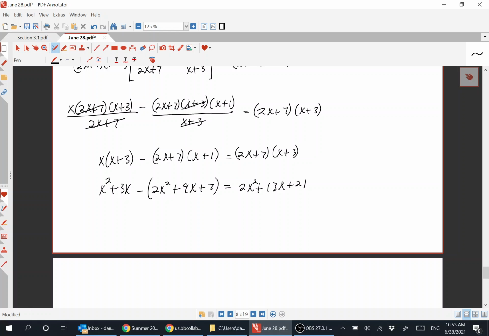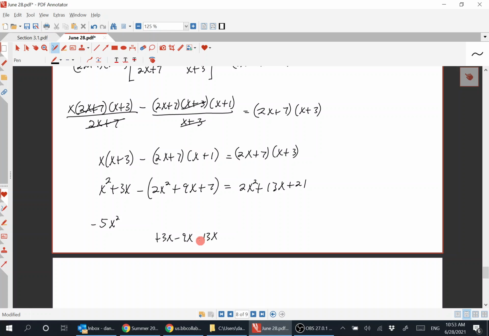So, what do we have for x squared? I've got x squared minus 2x squared, and then this is minus because I'm going to bring it over here. So this is minus 5x squared plus 3x minus 9x minus 13x.